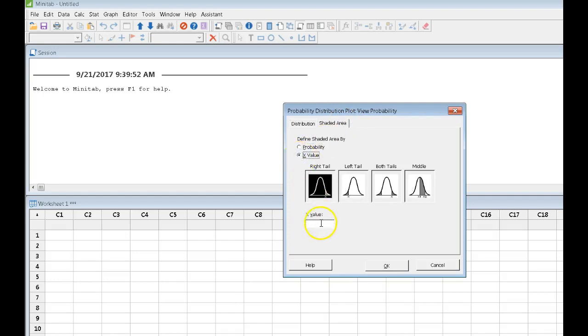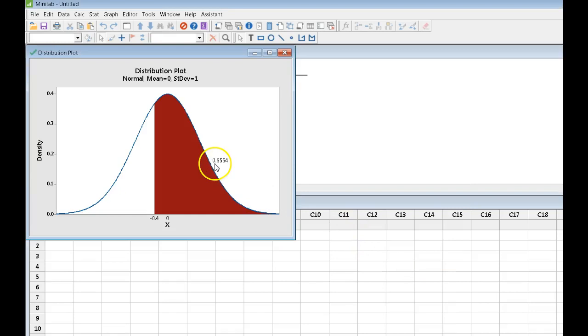I know it calls it x, but it means z in this case. I know the z-score was negative 0.4, and I wanted the area to the right of it. And there's my answer, which is slightly different than what I got from tables. Minitab is more correct because tables do rounding.